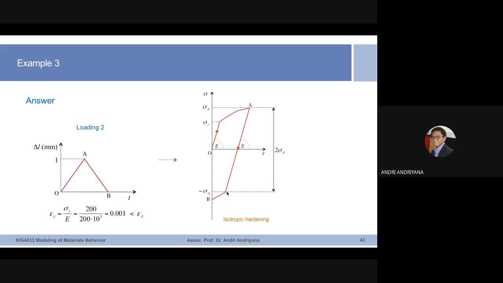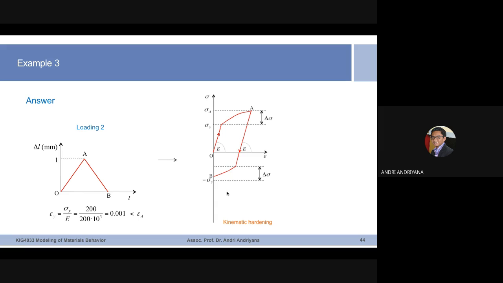In the second extreme case, when you increase the yield strength in tensile from sigma y to become sigma A, what happened? For instance, the change from sigma y to sigma A is by the amount of delta sigma.